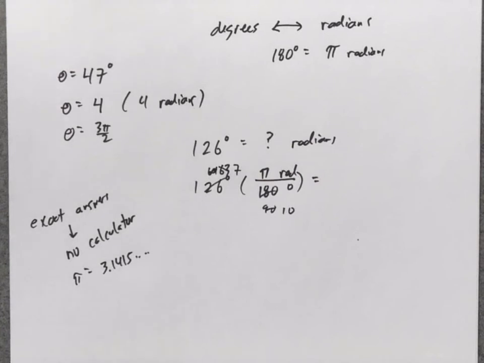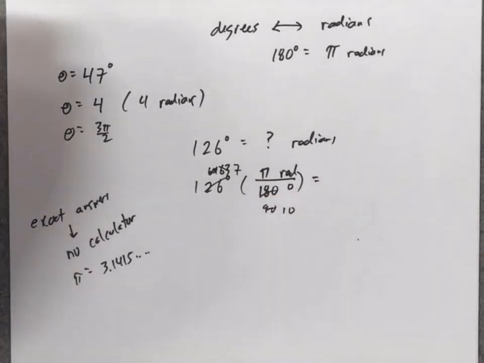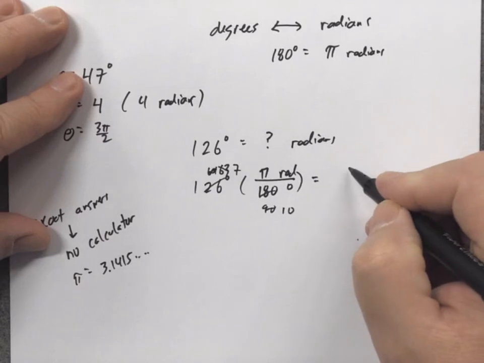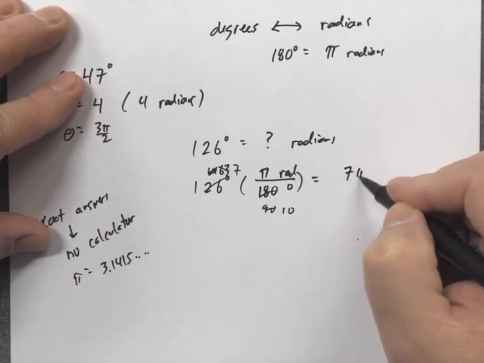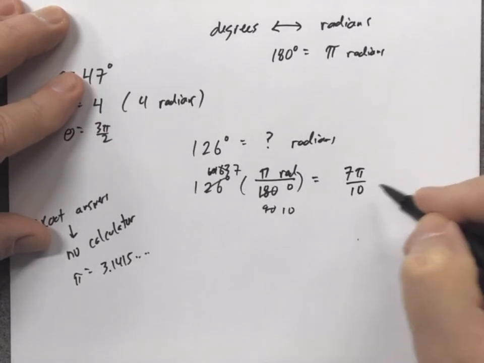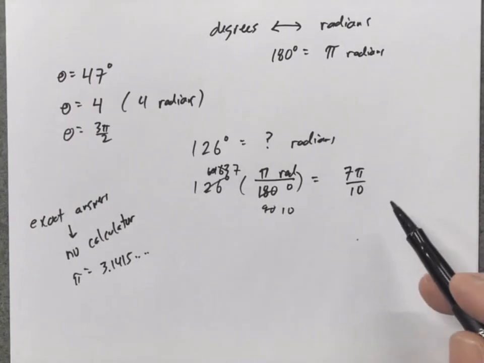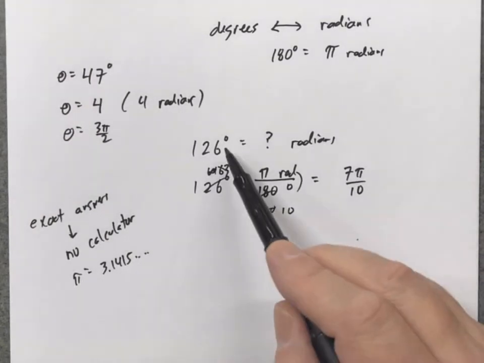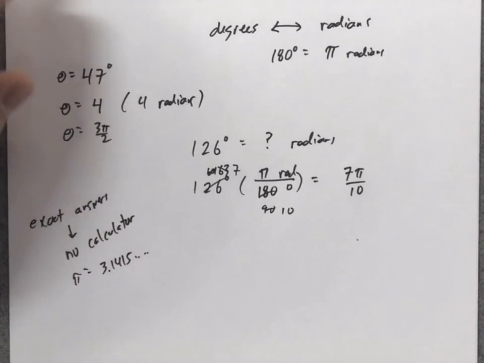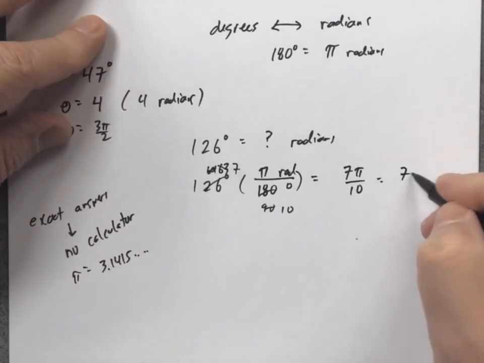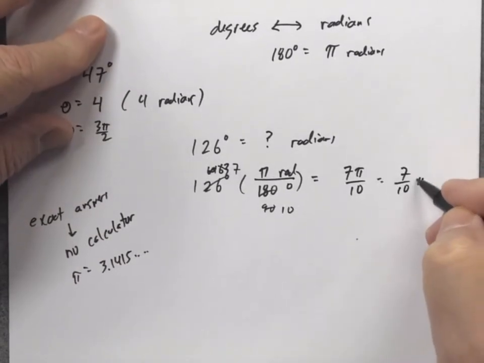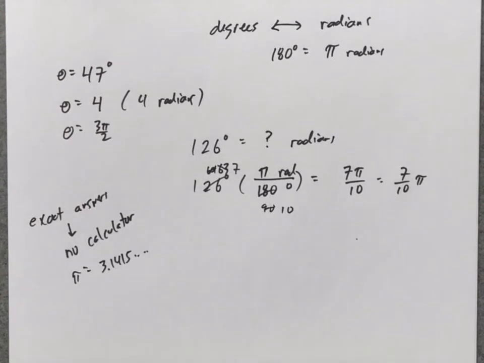And you get 7/10. At this point, the numbers are not going to reduce anymore. So basically you get 7 pi over 10. So a 126 degree angle is 7 pi over 10, or sometimes you can see this written as 7/10 pi. Once again, those are both the same.